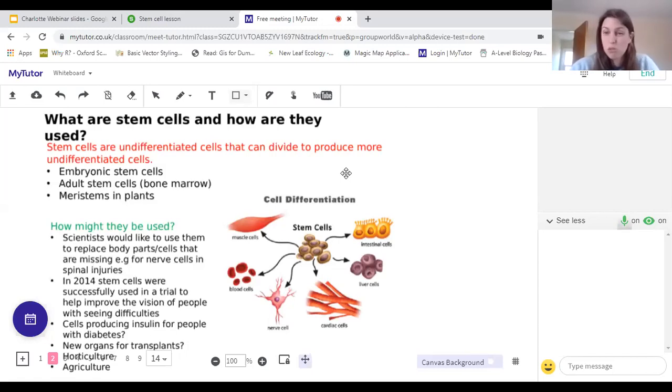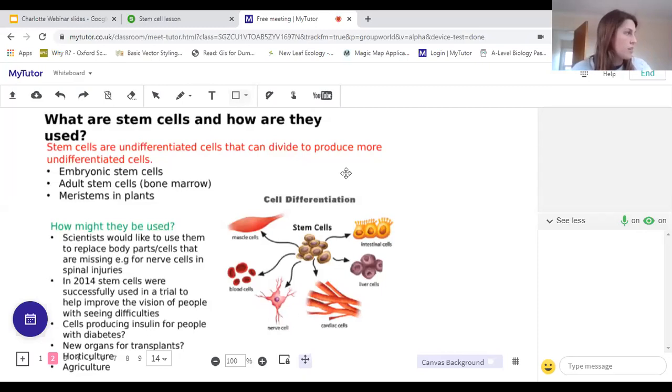So we talked about muscle cells which contract and relax and have special proteins for doing that. Well, those will have started as undifferentiated stem cells and then will have specialized or differentiated into those specialized cells with those proteins.